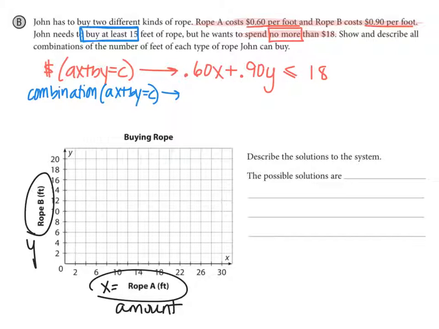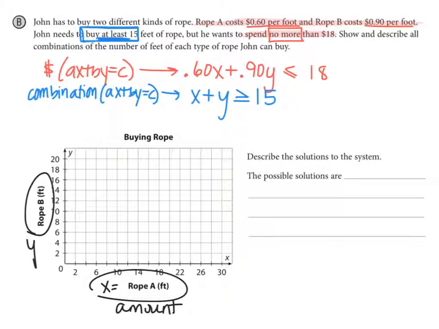Except this time my rates are easy. It's just x plus y at least. That term at least means that's the lowest amount it could possibly be. 15 is the lowest amount it could possibly be. So that means we want to be greater than or equal to 15.